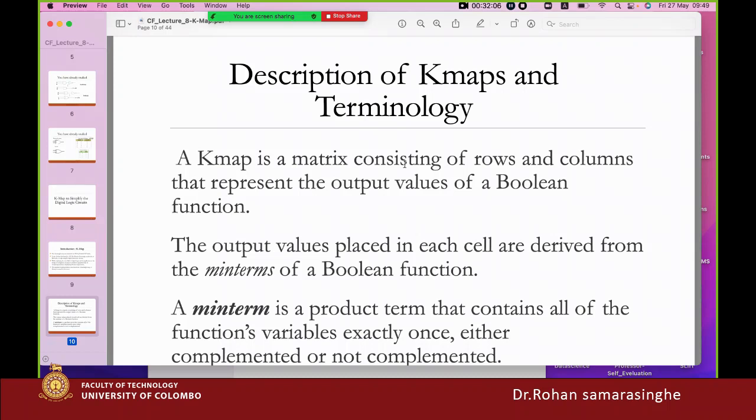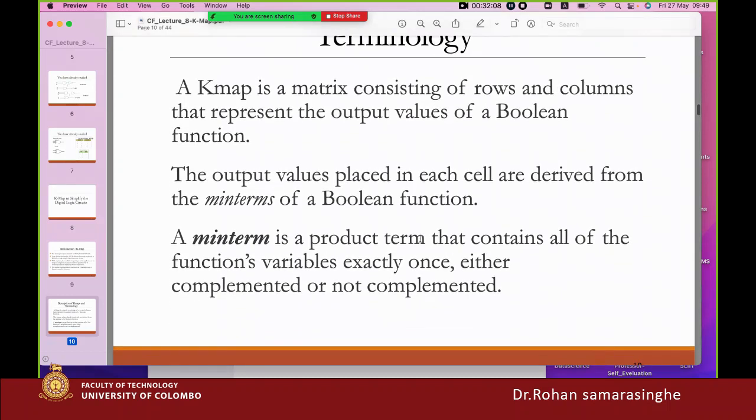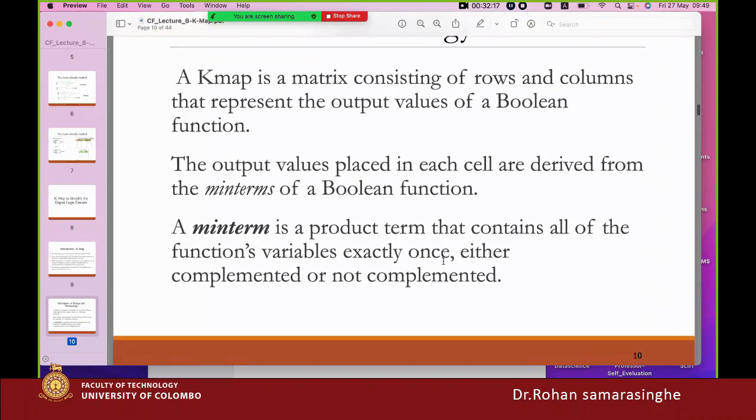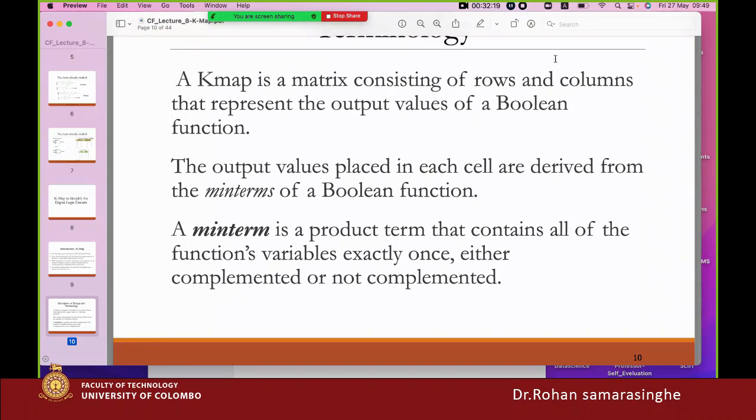So what is this minterm? A minterm is a product term that contains all the function's variables exactly once, either complemented or not complemented. That means you can't find a bar, b bar as one minterm.